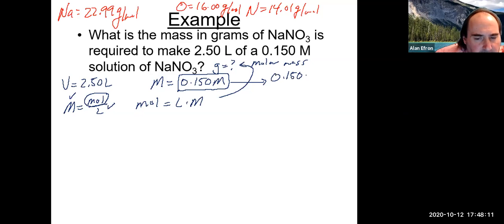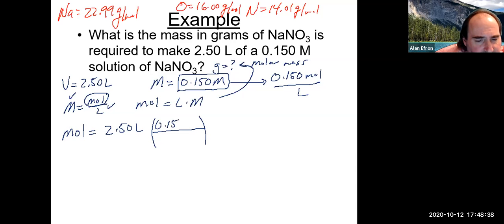This is the same thing as 0.15 moles per liter. And again, I would highly recommend using both of those units so you can see how they may cancel or not cancel. I'm going to approach this more like a conversion problem. So the moles will equal my liters, which is 2.5 liters, times the molarity, 0.15 moles per liter.